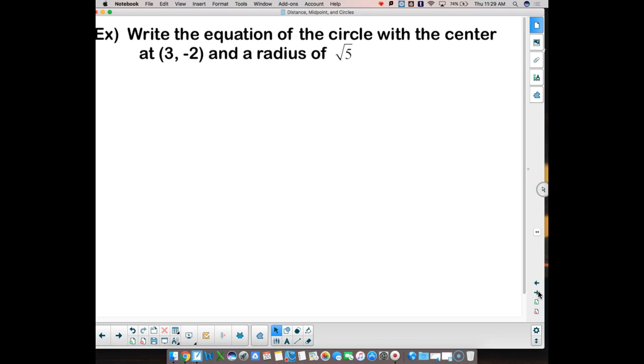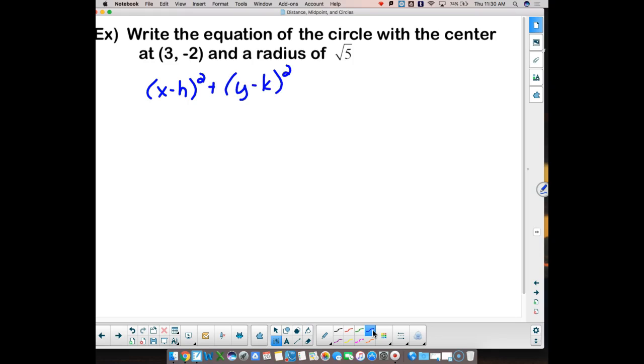Write the equation of a circle with the center at there and a radius of that. Well, the equation of a circle is, again, x minus h quantity squared plus y minus k quantity squared equals r squared.